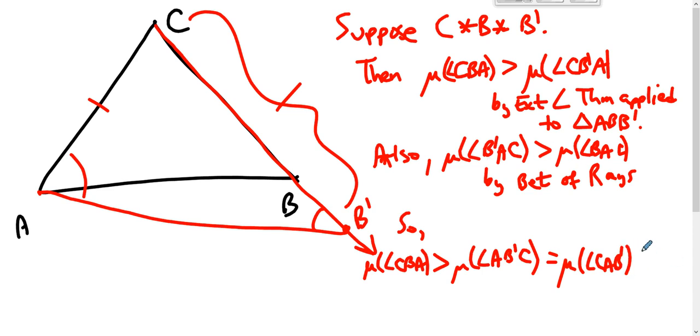And we just figured out that that's bigger than the measure of angle BAC. But that means that this is bigger than that, and we know that that's a contradiction. And so case 2 fails. Case 1 fails, case 2 fails, and if we were writing it up formally, we would say, therefore it must be that B prime is between C and B, and so CA is less than CB as needed.